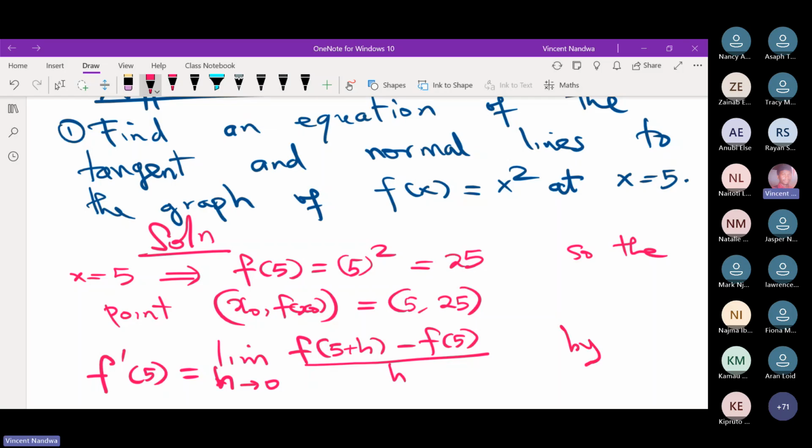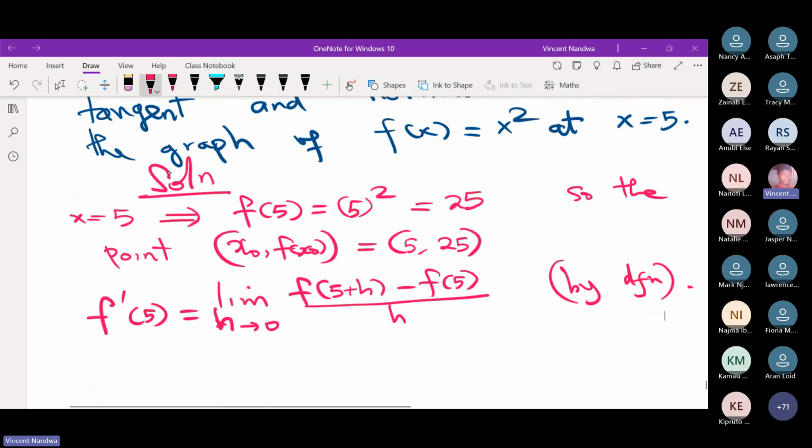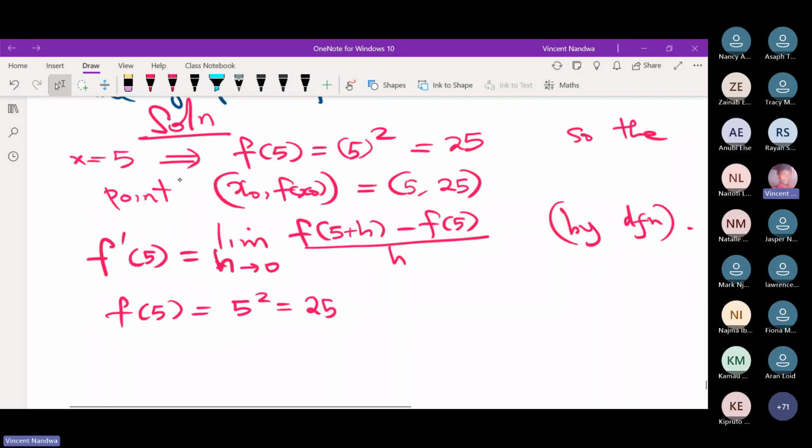This is by definition. So f of 5 is given by 5 squared, which is 25. Then f of 5 plus h. How do we get f of 5 plus h?